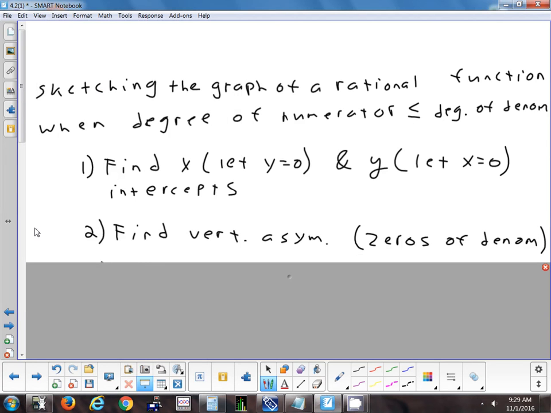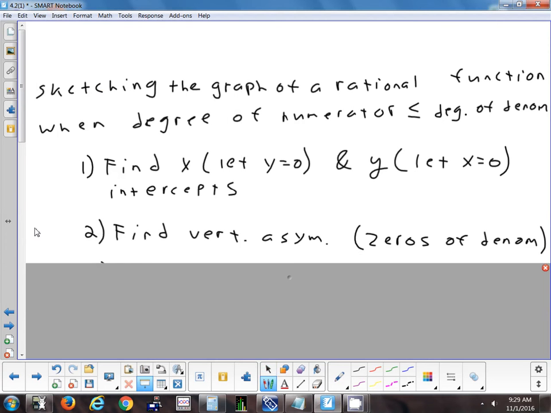Step 2, find your vertical asymptotes. When we sketch an asymptote, how do we show that it's an asymptote? Dotted line. Yep, put a dotted line. And I've got to add something to what I put in parentheses.